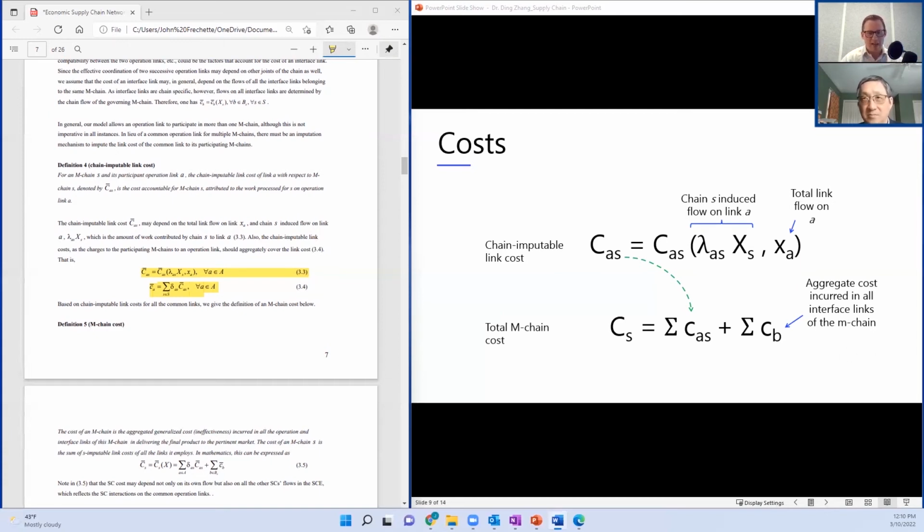And once again, this formula is really simple. It's basically saying the total cost of the M chain S is just the sum of all of the operation link specific costs for that M chain, as well as the summation right here, the summation of the interface links for that chain. So once again, maybe you'll correct me on the terminology here, Dr. Zhang.